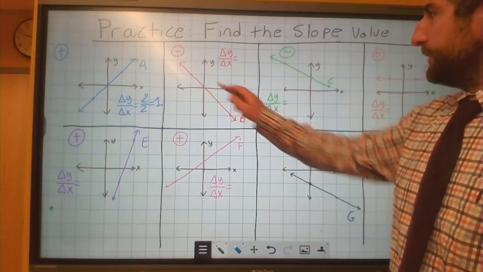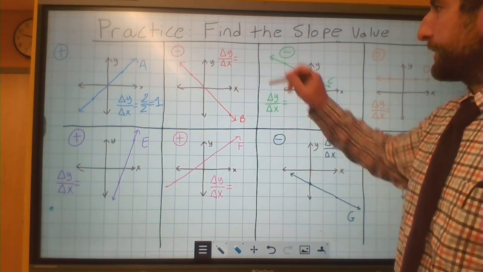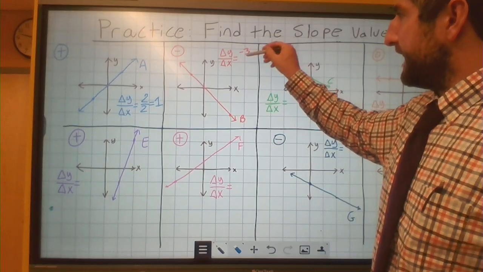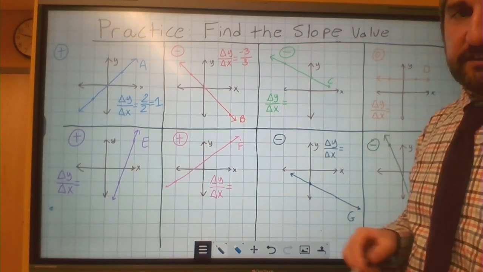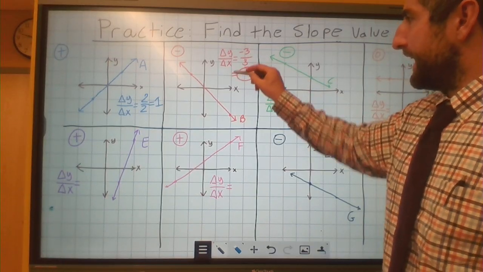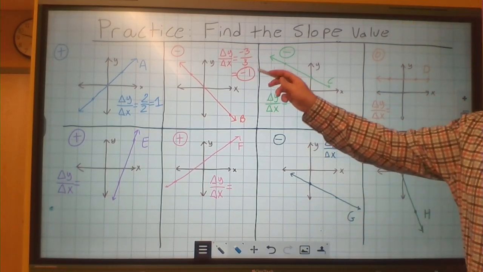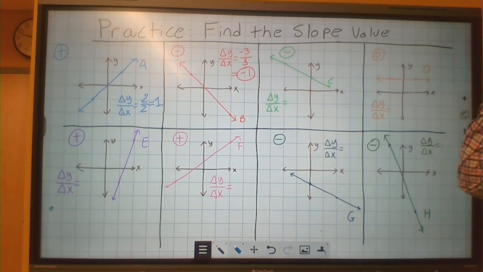Number 2, we are going down 3 and we are going forward 3. So negative 3 for the y, positive 3 for the x, negative 3 over 3 simplifies to negative 1. Another benchmark slope. This is what the negative 1 slope looks like.